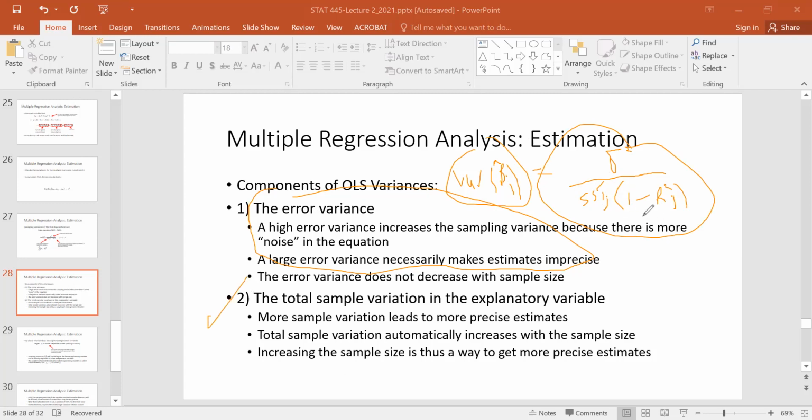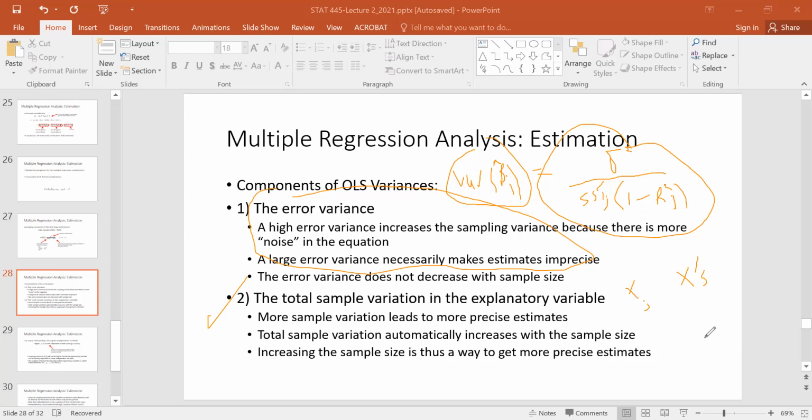Then finally, on the next slide, we'll be talking about this one. If this r squared j goes up, it means xj is highly related to its other x's. Remember, this r squared j is a regression of xj on all other regressors. So if this number goes up, it means xj is highly related to its other regressors.